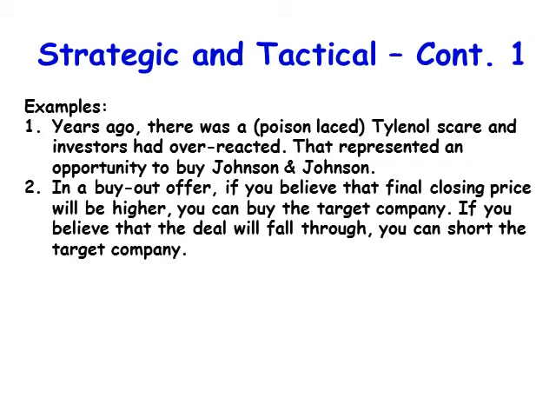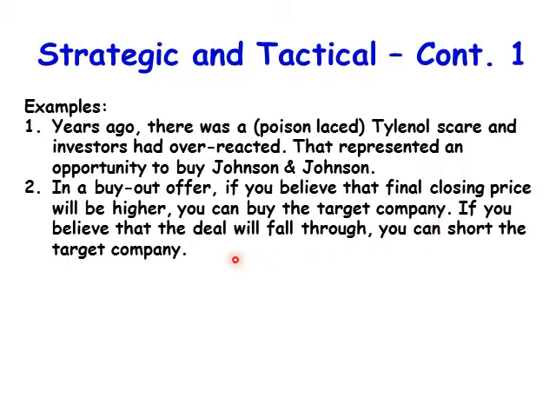In a buyout offer, if you believe that the final closing price will be higher, you can buy the target company. That gives you an opportunity to make some money on this buyout offer. And if you believe that the deal will fall through, you can short the target company. For example, at one time Microsoft was trying to buy Yahoo.